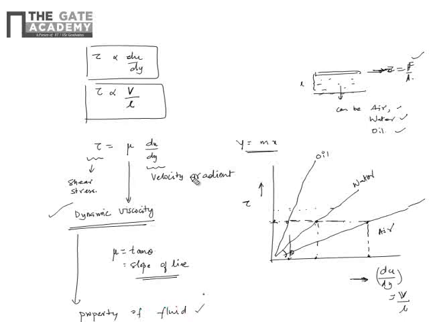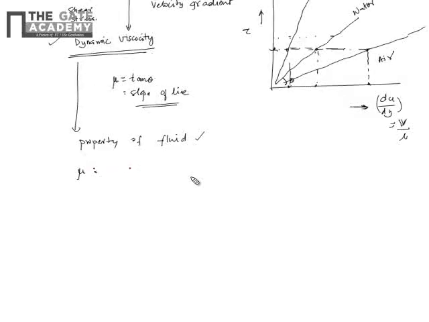Going by the unit analysis, the units of mu are the units of tau divided by the velocity gradient, du by dy. Tau has units of force by area, and the velocity gradient is basically v by l.